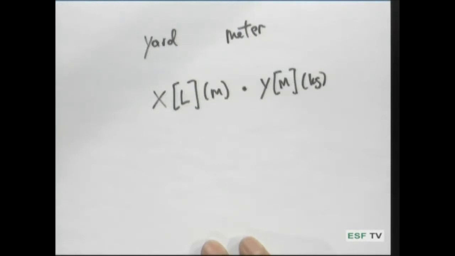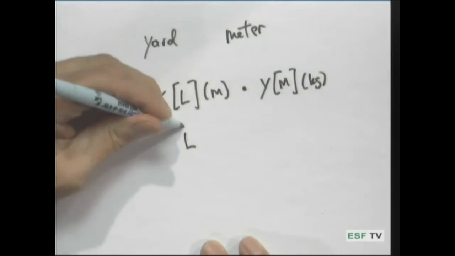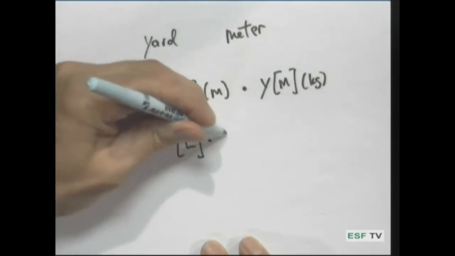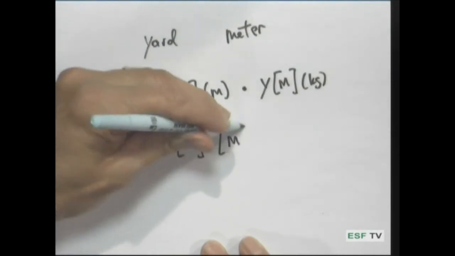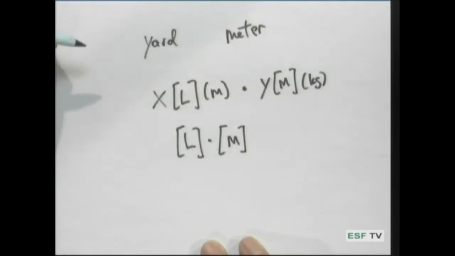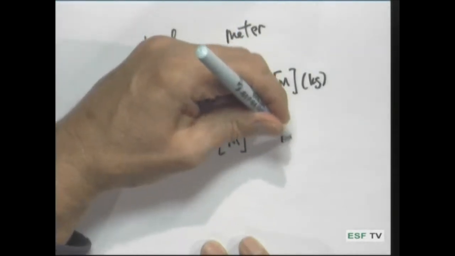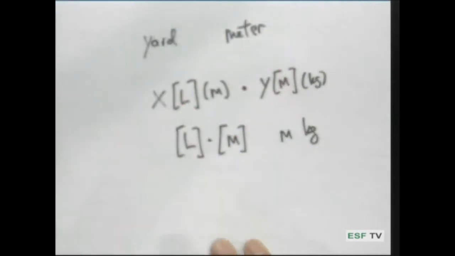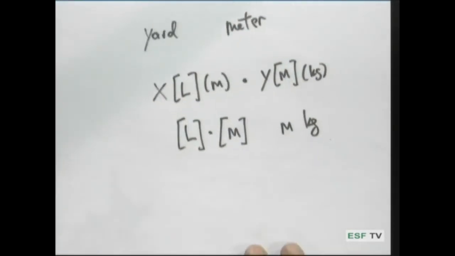You can multiply those together, and just as you'll get a dimension, which is L times M, your units for that multiplication will come out to be meters times kilograms. So you can multiply units just like you can dimensions.